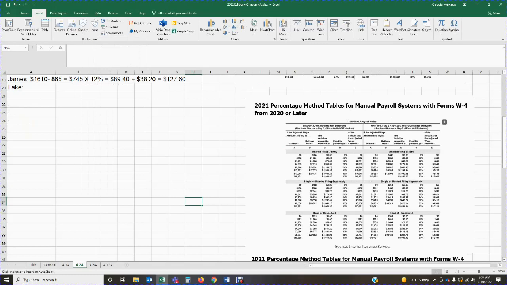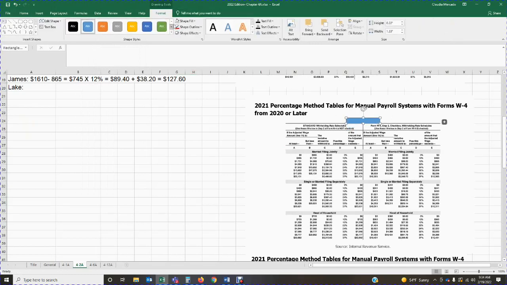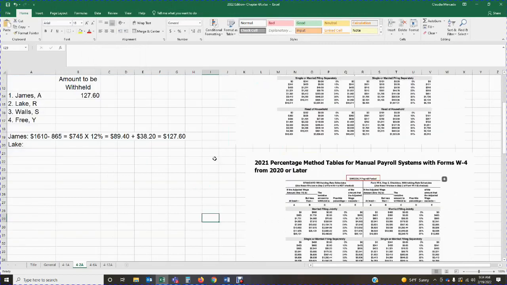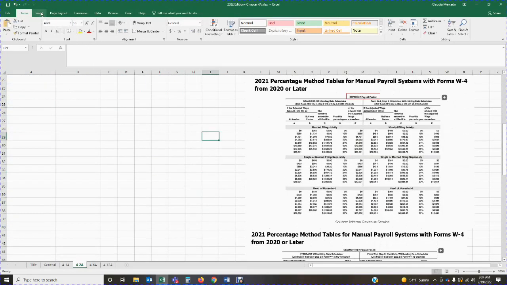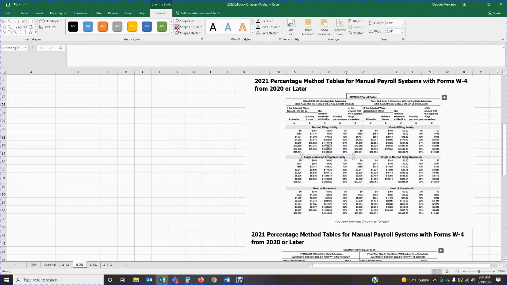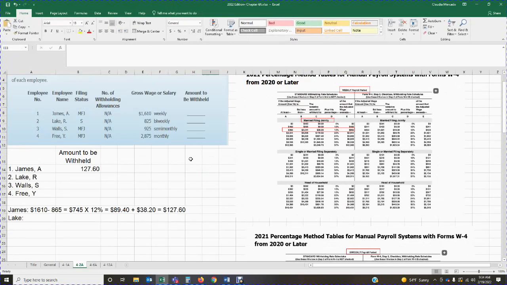So we're in the bi-weekly table. First thing we have to identify is that we're in the correct table, bi-weekly. That's what it says here. And then this employee is single, so we're going to locate the single, looking at the middle tier. This employee is making $825 bi-weekly.